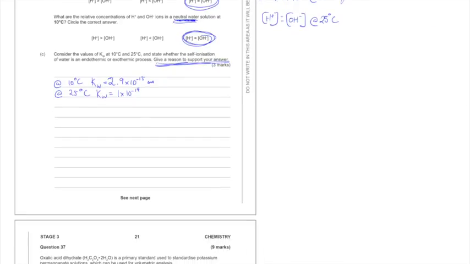Kw is significantly smaller when the temperature is lower, because of course 10 to the minus 15 is smaller. So we can say when T is smaller, Kw is smaller. And therefore, the concentration of OH minus and H3O plus are also smaller.